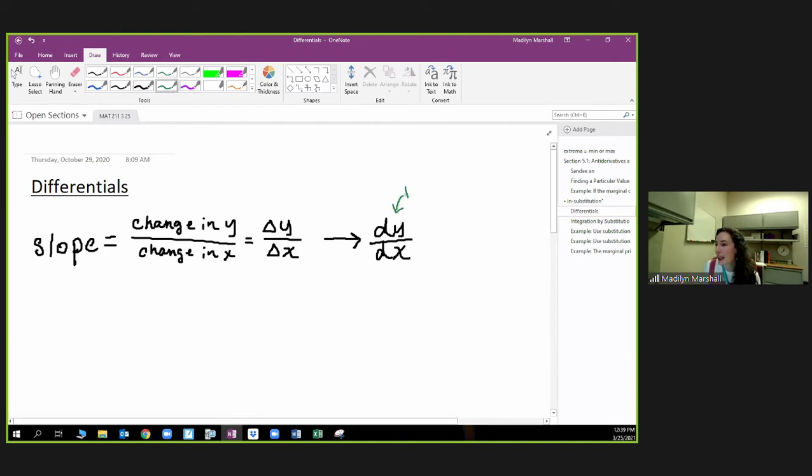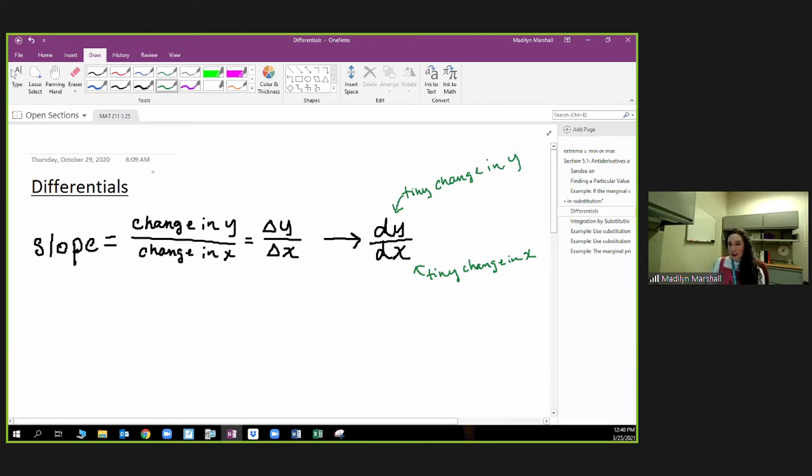So dy is a tiny change in y, and dx is a tiny change in x. So it's like we're taking slope and making those changes infinitely small, which is what we saw when we first defined derivative. We saw that the derivative is the limit as the change in x goes to 0 and the change in y follows along with it.